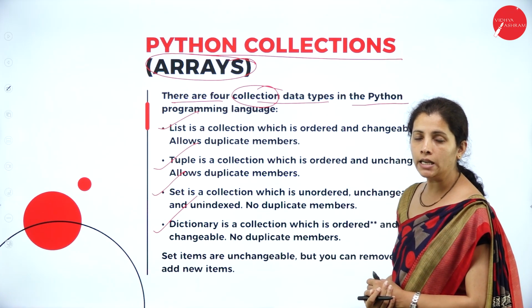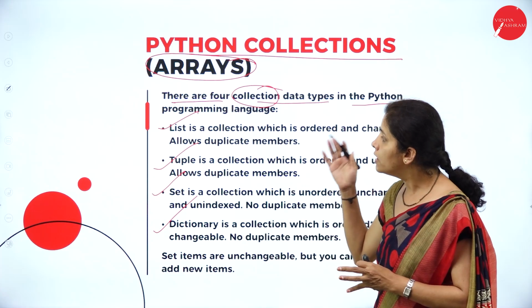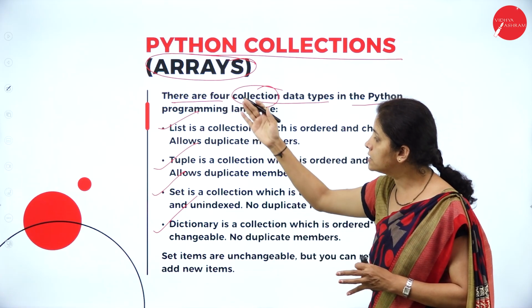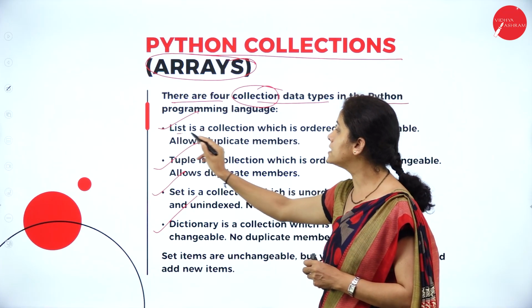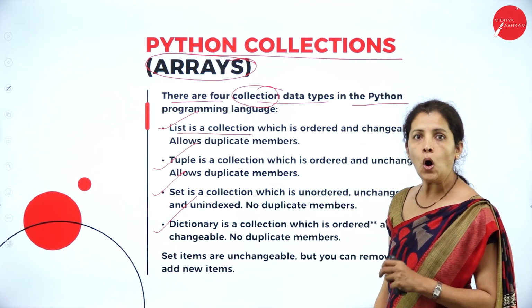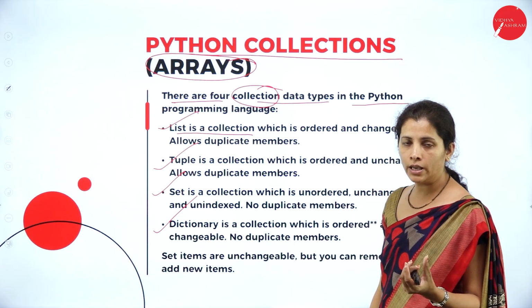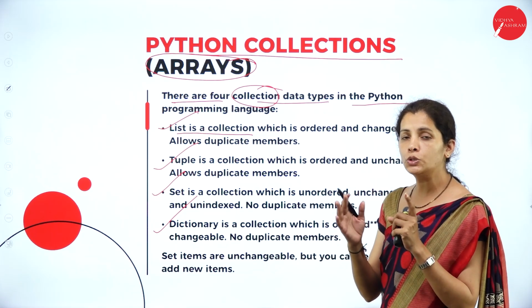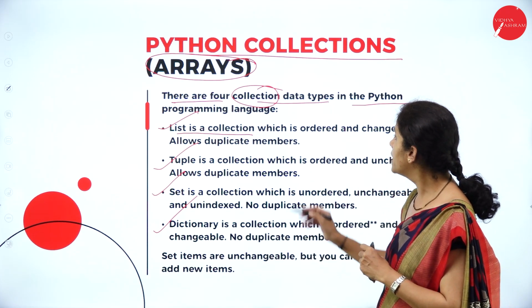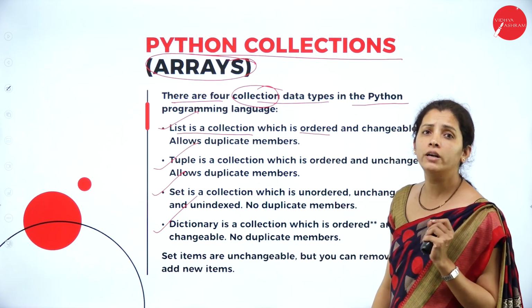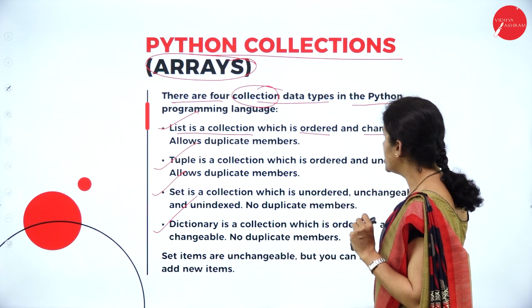Anyway, dear student, in our second unit, we studied list, tuple, set and dictionary. So, what is a list? A list is a collection of elements, a single variable used to store multiple values or multiple items. And what kind of items? Ordered and changeable.